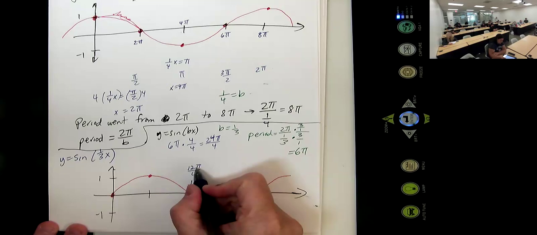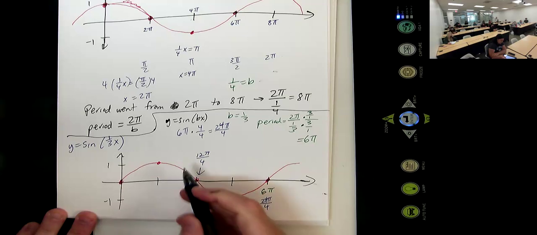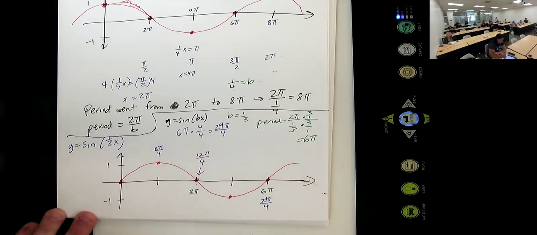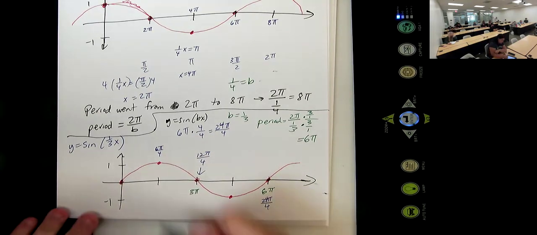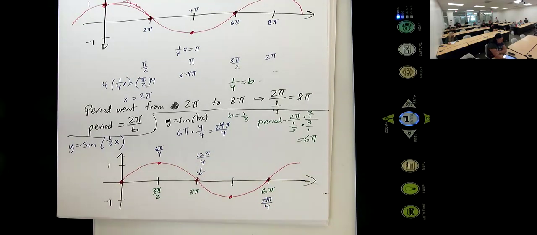We're gonna cut that numerator in half again. 12 pi cut in half should give me half the distance back to 0. Gives me 6 pi over 4. And 6 pi over 4 reduces to 3 pi over 2. And finally, we're going halfway between 12 and 24.